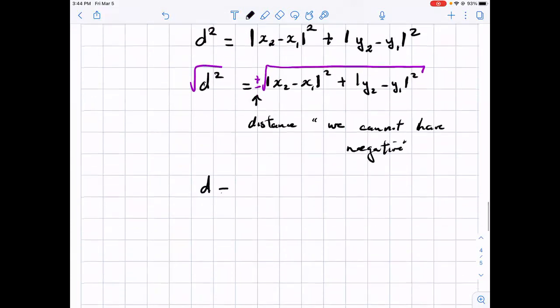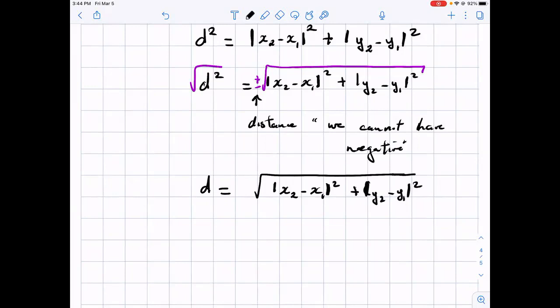We have d is equal to the square root of the absolute value of x2 minus x1 squared plus y2 minus y1 squared.